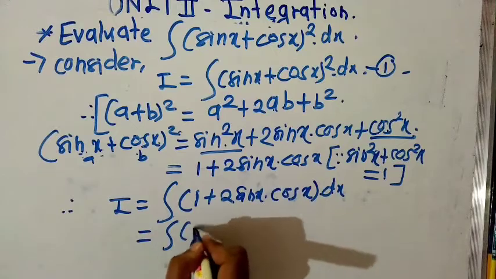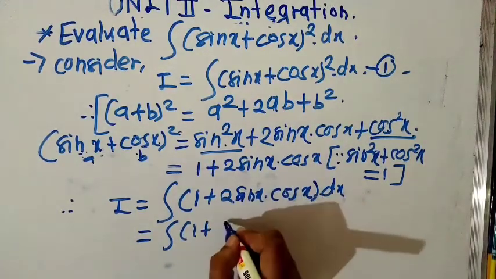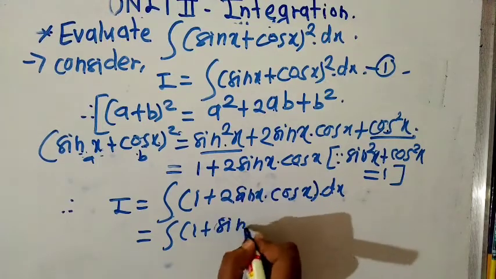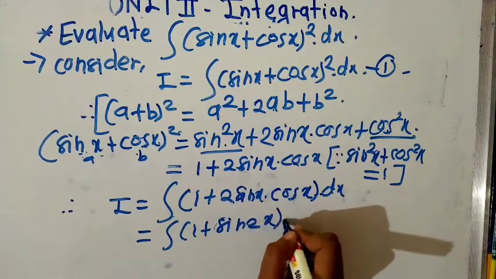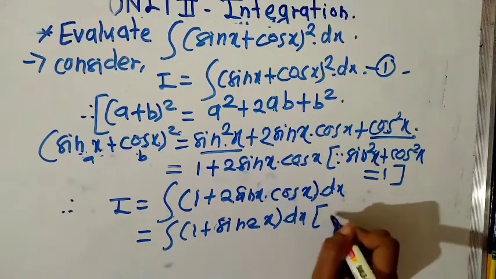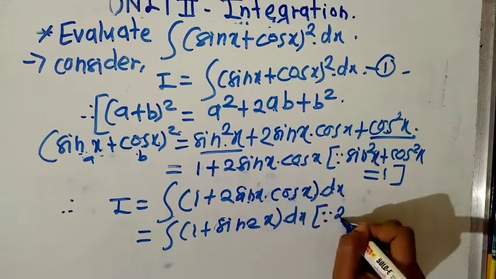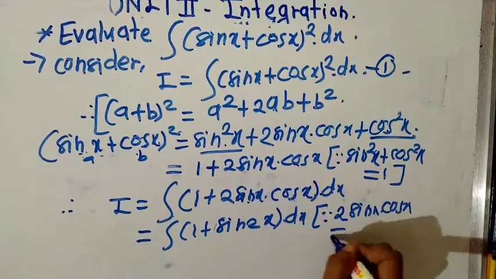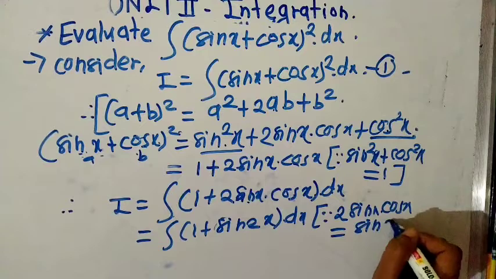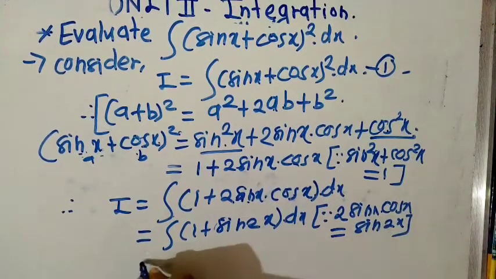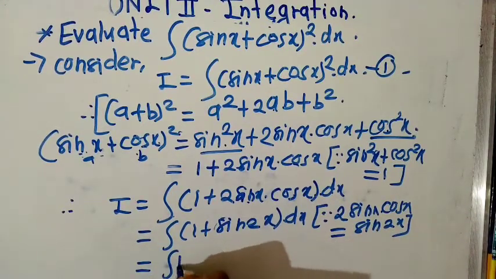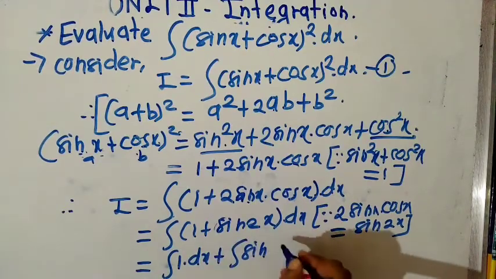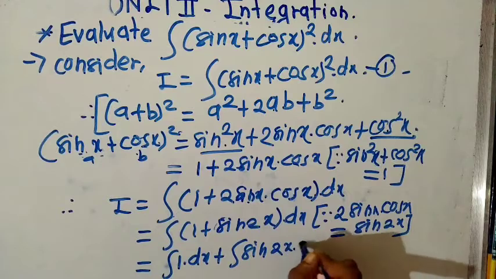But we know that 2 sin x into cos x is equal to sin 2x, then separate this: integration of 1 into dx plus integration of sin 2x into dx.